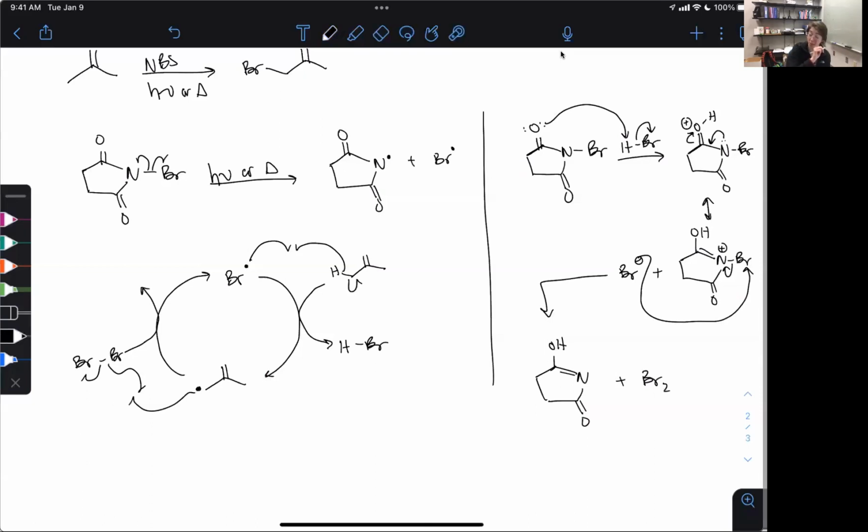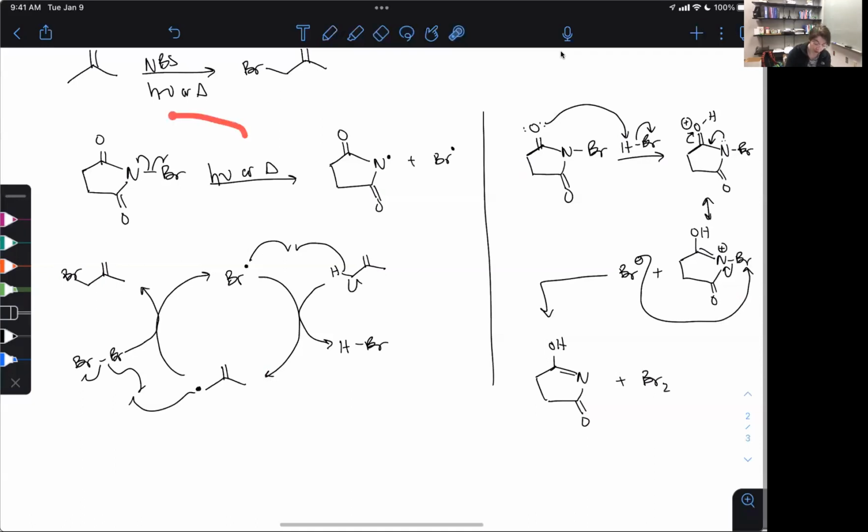We're going to break that Br2 in half. One of the bromines is going to go onto the carbon radical to give us our final product. And one is going to be making our new propagating radical, okay?